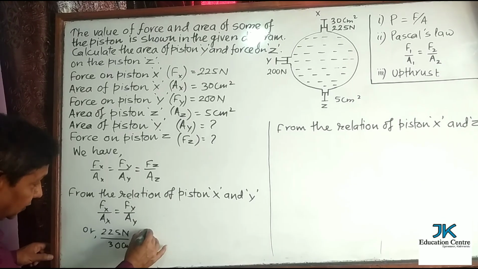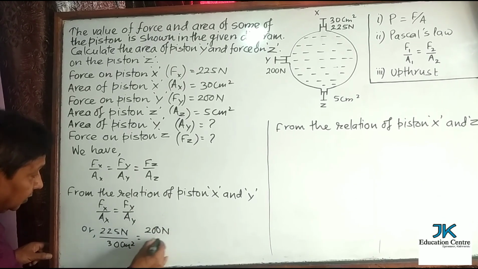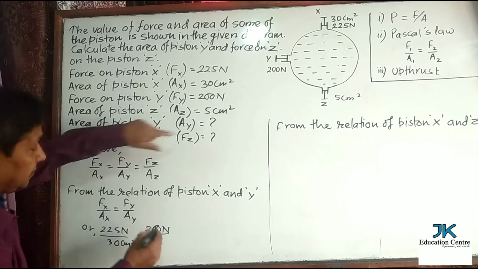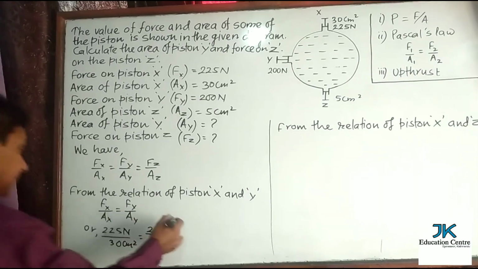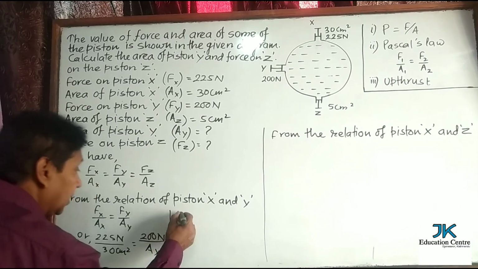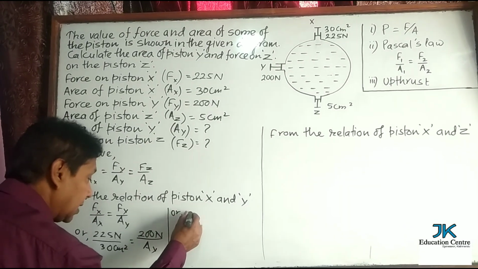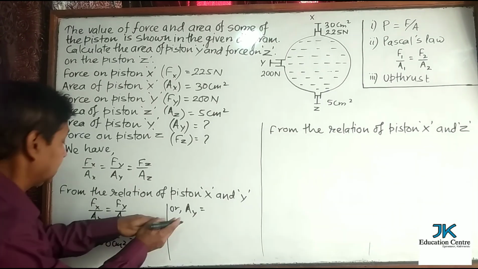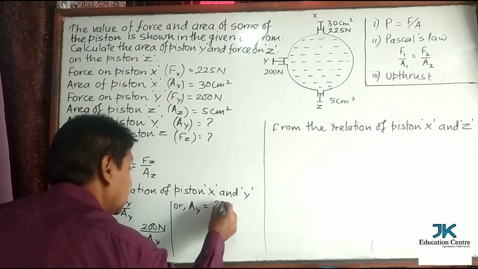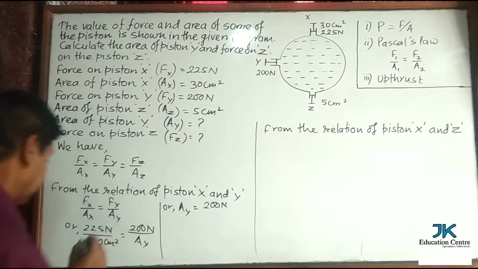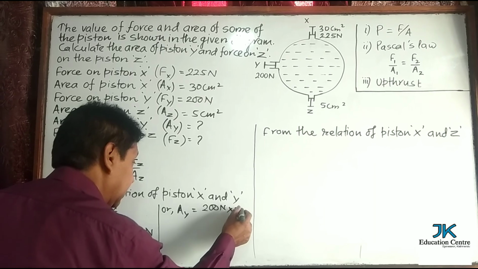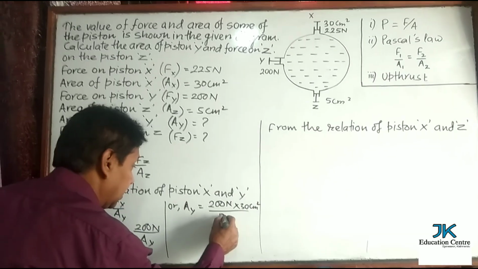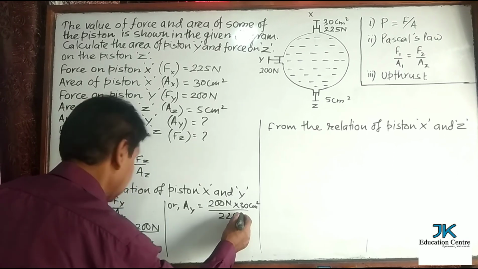This is equal to Fy. We have Fy given as 200 Newton. And what is Ay? Ay is the question. Now here, what can we write? Ay is equal to, if Ay is taken to this side, then this is taken to the other side, 200 Newton into 30 centimeter square divided by 225 Newton.